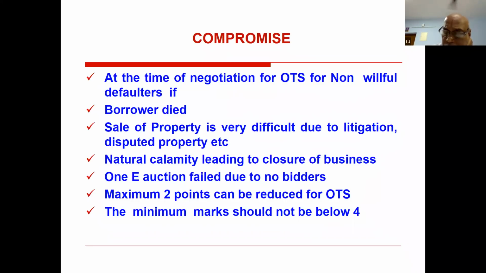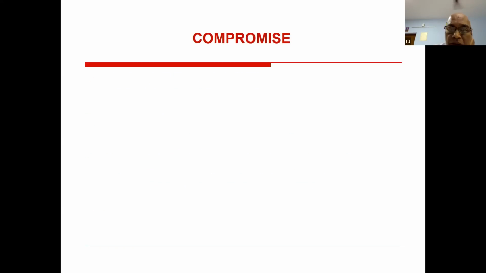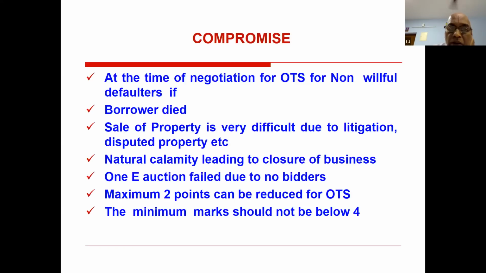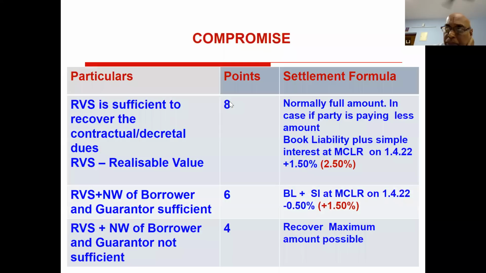If we reduce 2 points because of the happening of those things, then even though originally he is able to pay this much, now he gets 6 points because a 2 points reduction takes place because of the happening of one of those things.